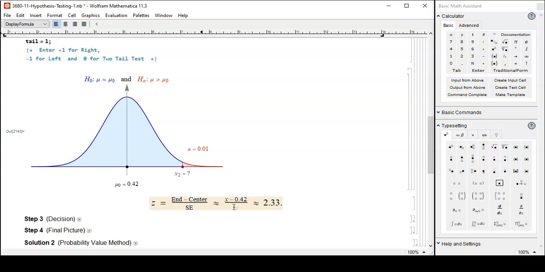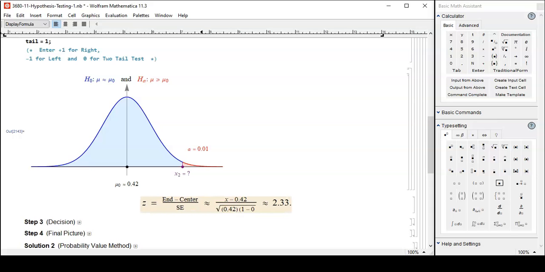And SE is square root of proportion, 0.42, the null proportion, 1 minus that, divided by sample size of 150. From here, you can solve for X, and then using that, you can determine whether 0.524 is in the blue region or the red region. Blue, close enough to null, so null wins. Red, too far away from the null, so null loses.